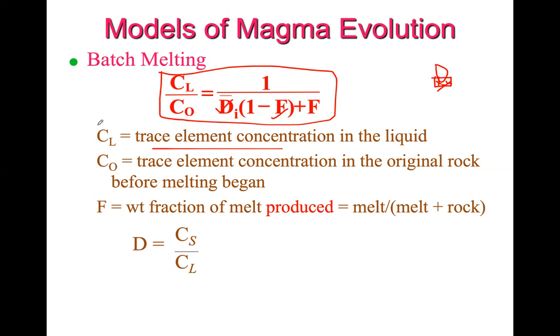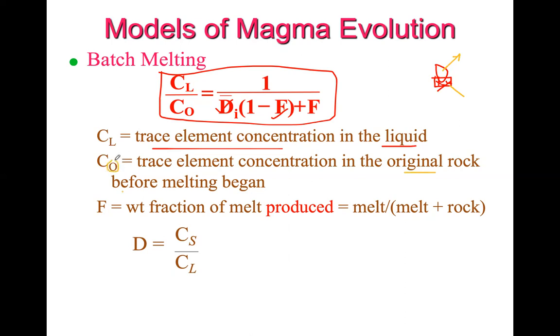Cl means the trace element concentration in the liquid, and how much that element is concentrated in the original solid is given as C0.